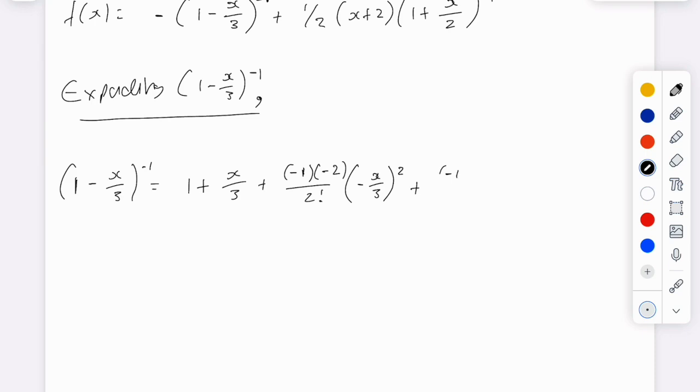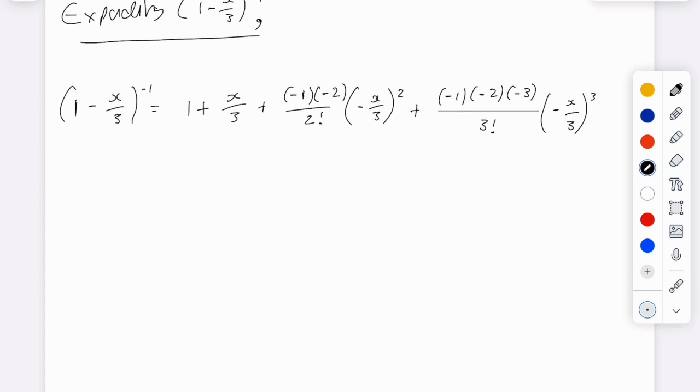Plus -1, -2, -3. Now that's all going to be over 3 factorial. And we have minus x over 3 to the power 3 there. Cool. Now that's up to x cubed here.